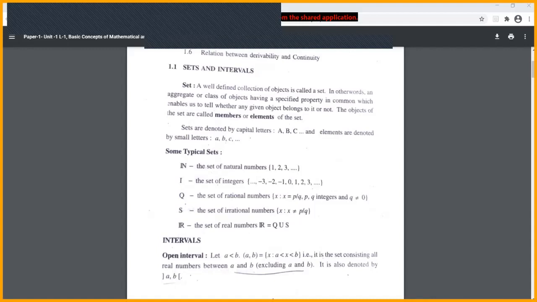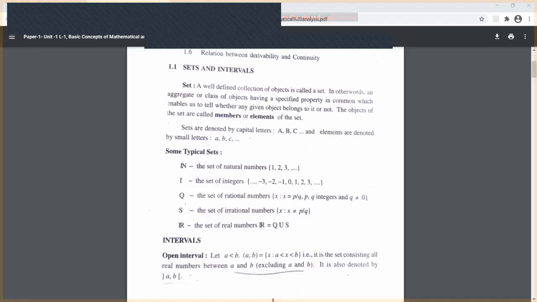Whether a given object belongs to this particular set or not. The objects of the set are called members or elements of the set. Sets are denoted by capital letters like A, B, C, etc., and the elements inside them are denoted by small letters a, b, and c.